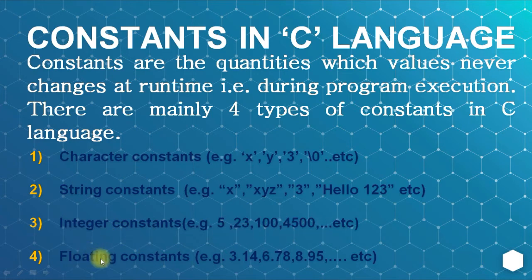What are floating constants? If any numeric value contains an integral as well as a fractional part, then it is called a floating constant. For example, 3.14, 6.78, 8.95. So 3 is the integral part, 0.14 is the fractional part. So these are floating constants.